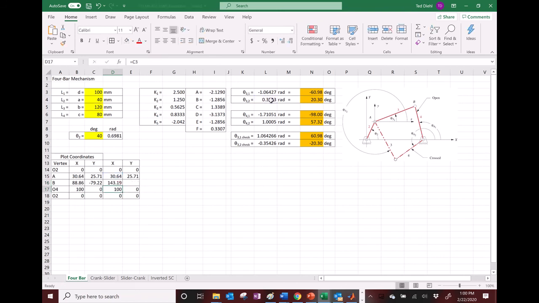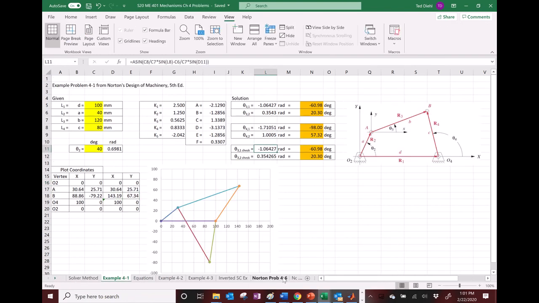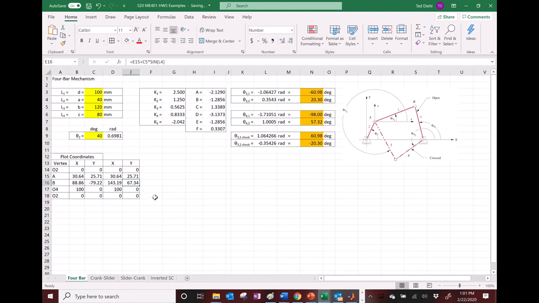Good. And then equal to here plus B times the sine. Did I accidentally just do the sine? Here, let's see. Did I do the sine here? Cosine. Let's see if I can get the right answer. 143 and 67.